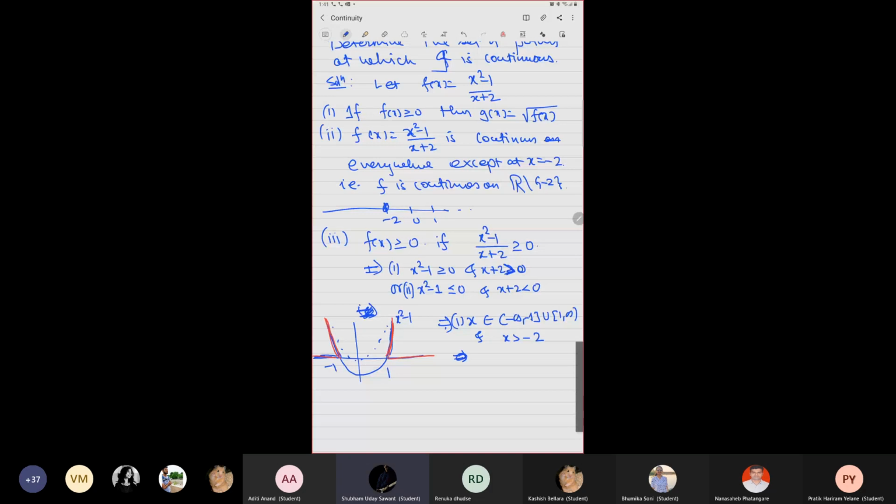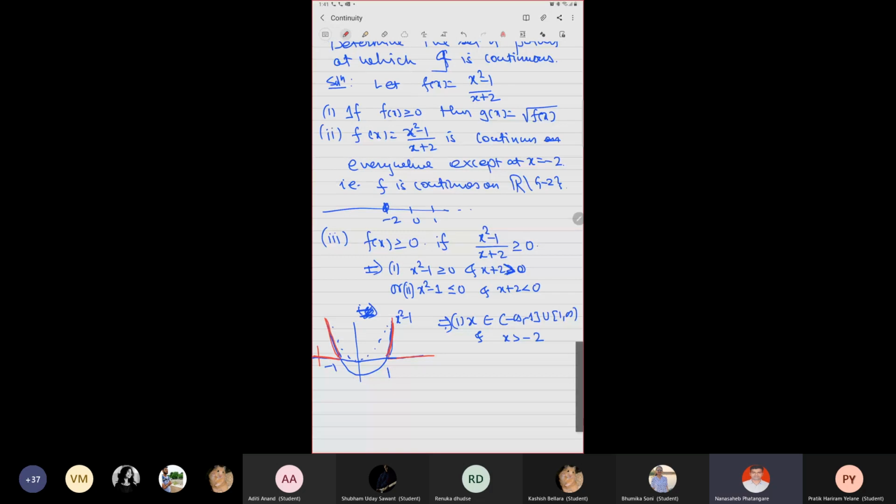So x is in this red region, and it is greater than -2.